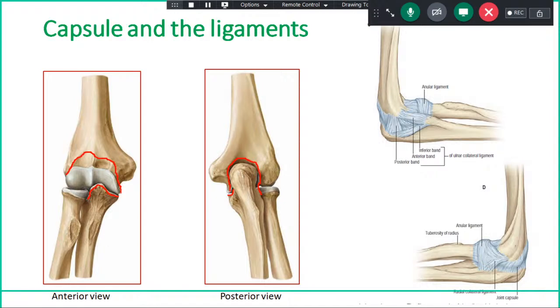The brachialis. The biceps. Okay. Posteriorly, what are the muscles that would be related to this joint? The anconeus, yes, the anconeus is inserting over here. Then the triceps, which goes to the posterior aspect, the superior surface of the olecranon.